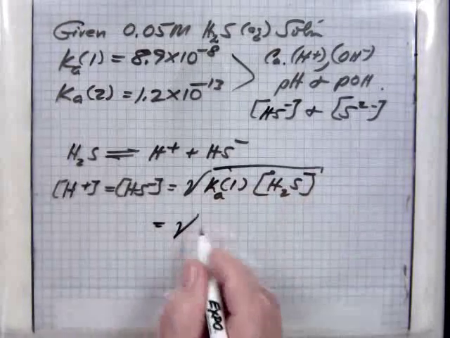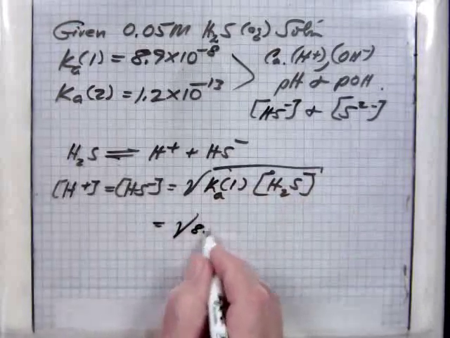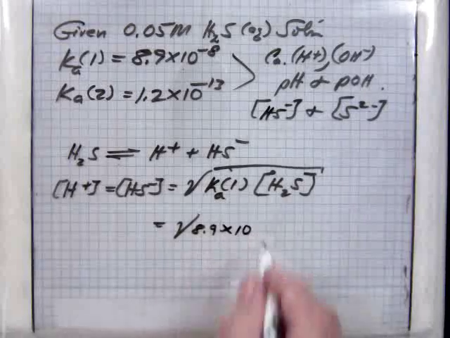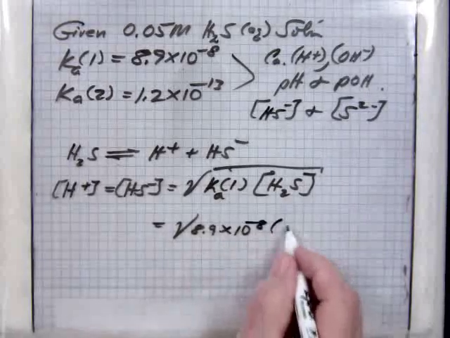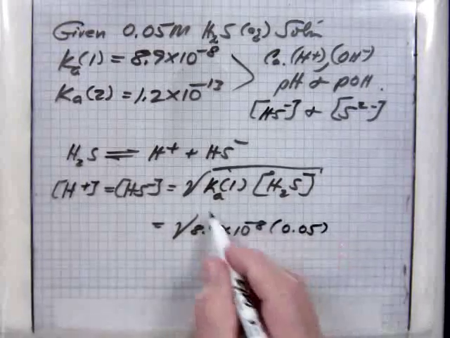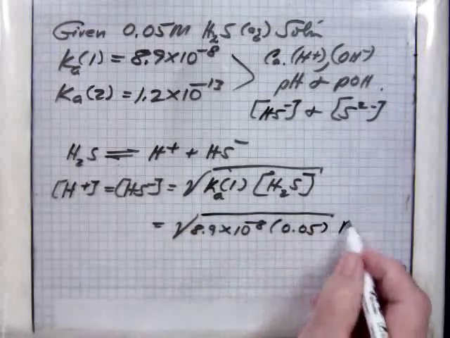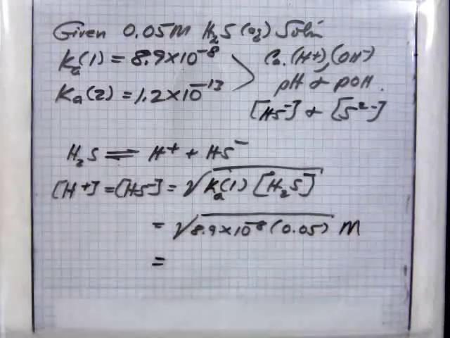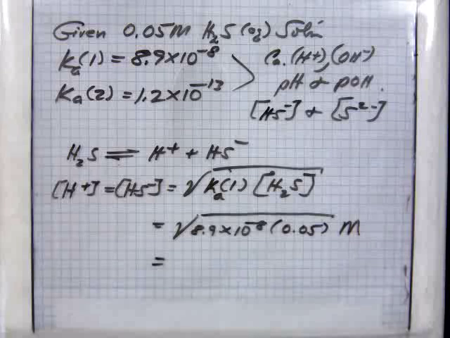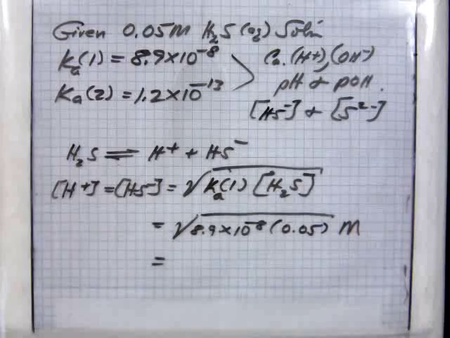So that would be 8.9 times 10 to the minus 8 times 0.05. Take the square root and express it in moles per liter.